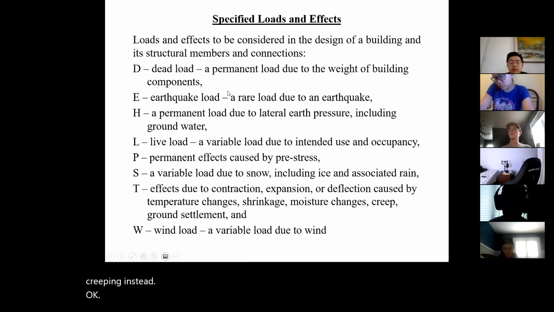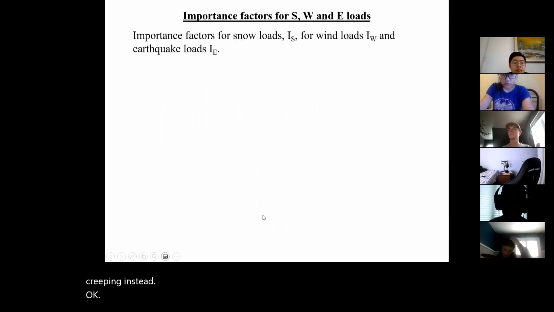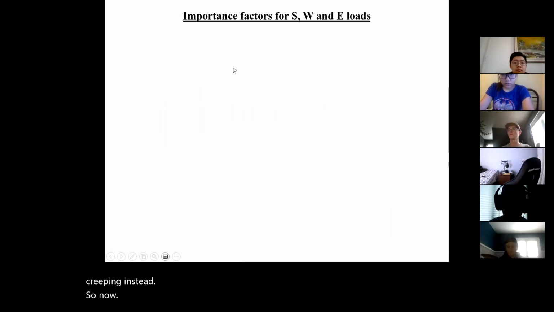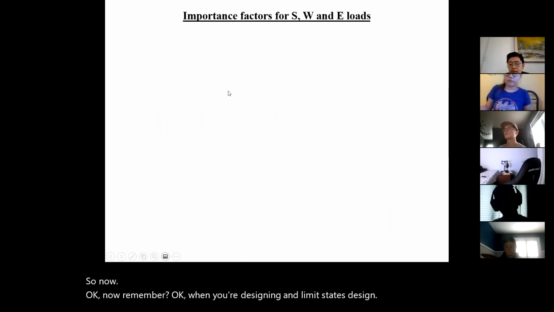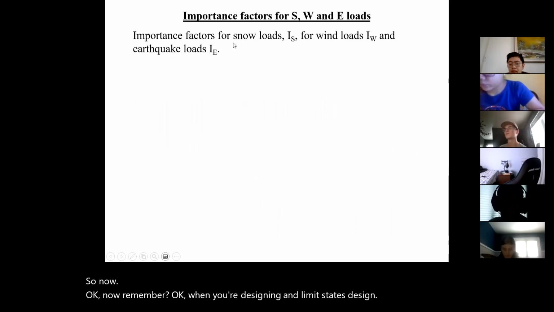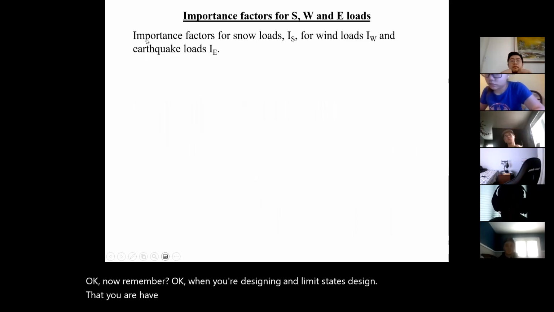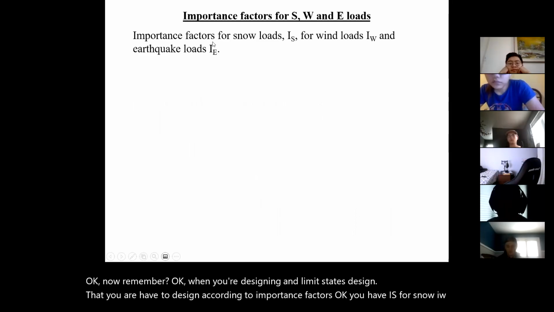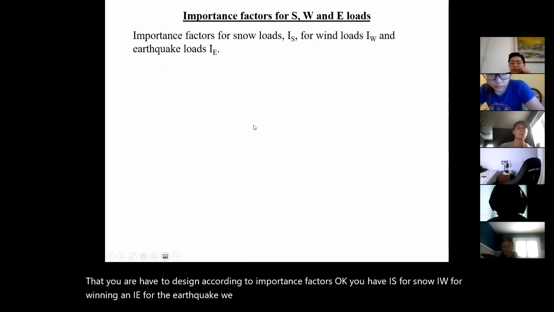So, now, okay, remember, when you're doing a limit state design, you have to design according to importance factors. Okay, you have IS for snow, IW for wind, and IA for the earthquake. We'll talk about this one.